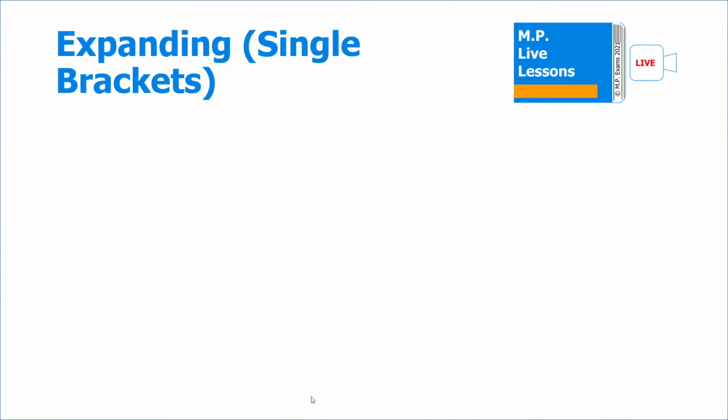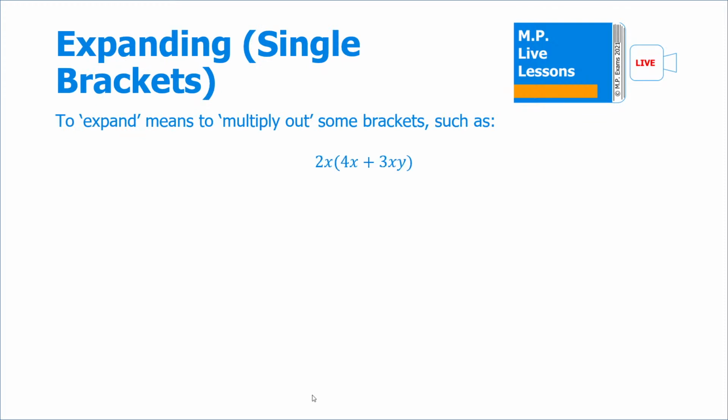Next, still for both tiers, you'll need to expand single brackets. To expand means to multiply out, such as these brackets here. Now, we've got these two. This basically gets multiplied with every term inside it. Now I've just boxed out each term here.